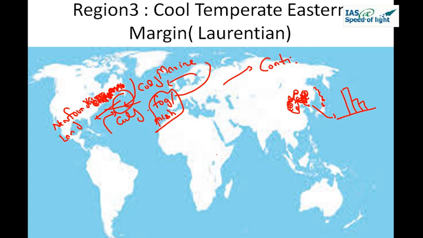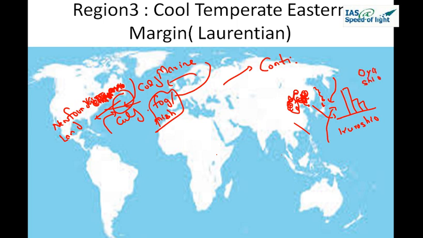And the same thing happens in the area around Japan, where the warm ocean current Kuroshio meets with a cold ocean current, Oyashio.